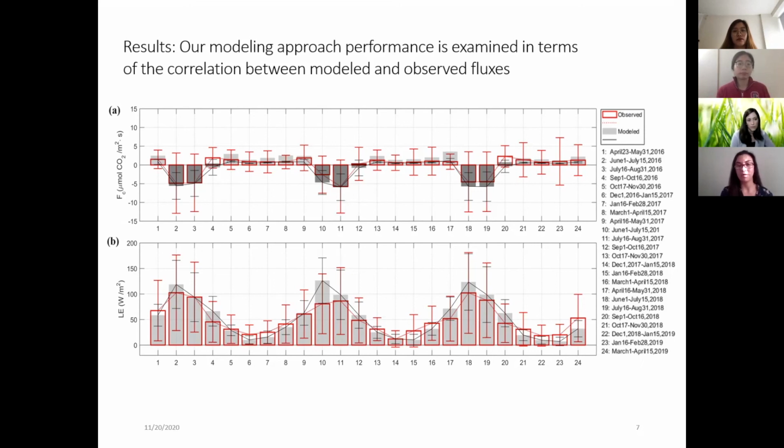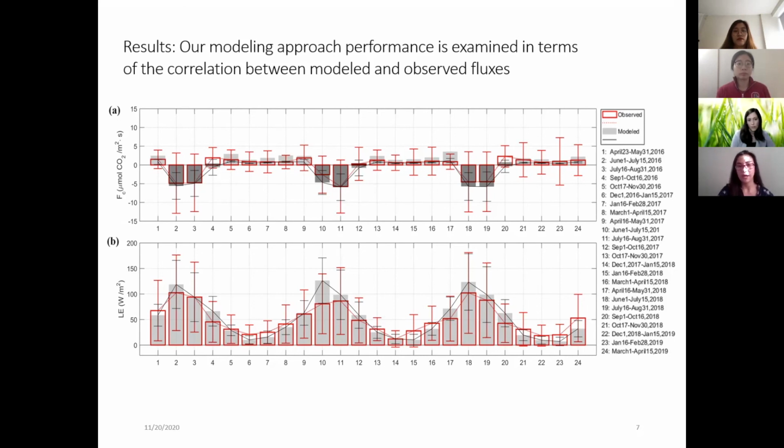And we know that in many of the cases, our atmosphere was not neutral. So we expected some of these differences, such as the overestimation that we obtained during the summer months. As you can see, the gray bars are slightly higher than the red squares.